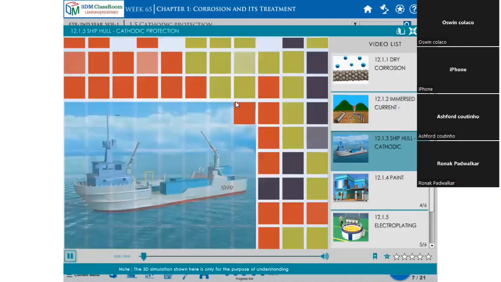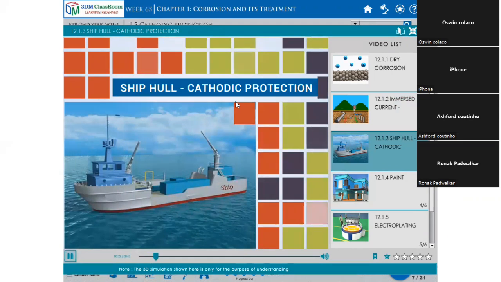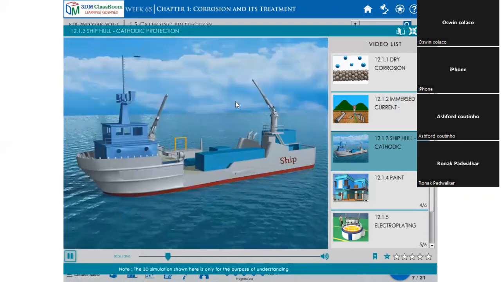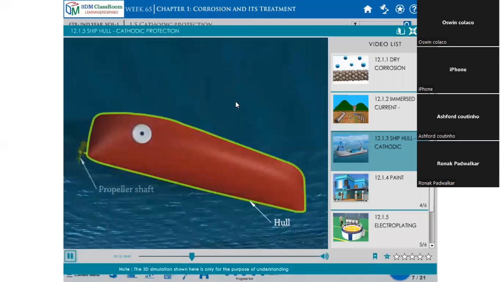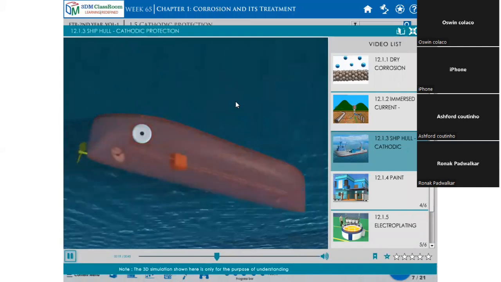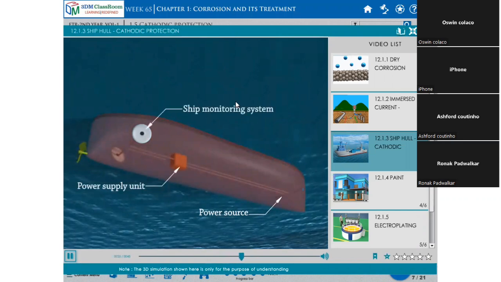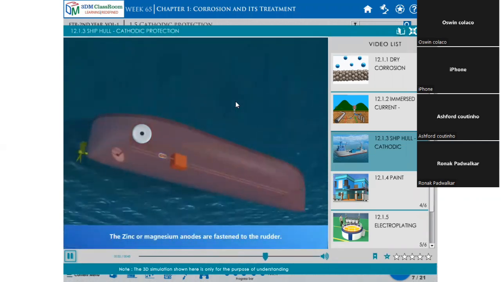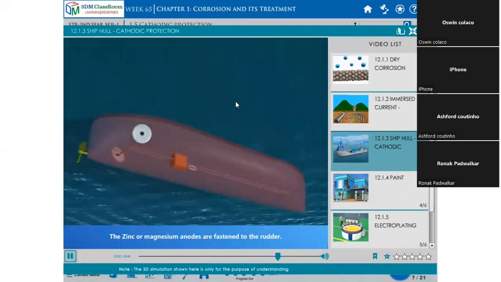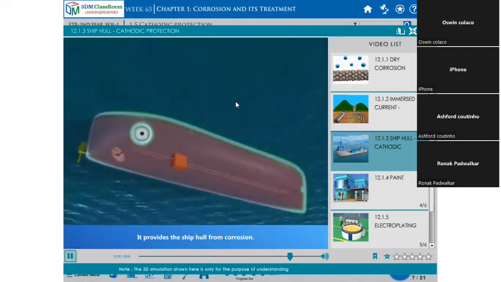You just watch this video also. See, it protects a ship hull from corrosion.